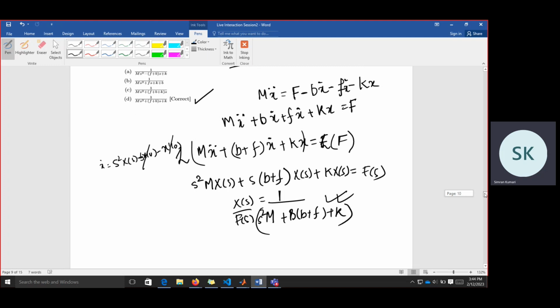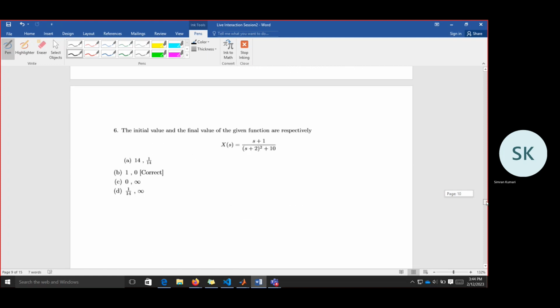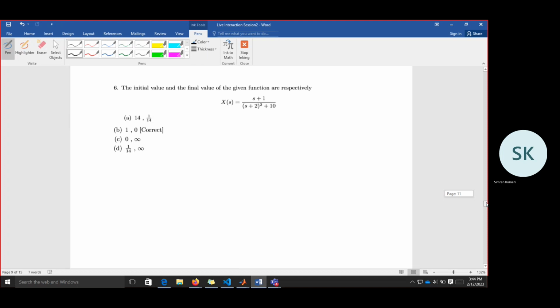Given any mechanical system, you can model these dynamics, no? Now there is this Laplace transform which is given, and we have been told to find the initial and final value. So we have this initial value and final value theorem using Laplace transform.